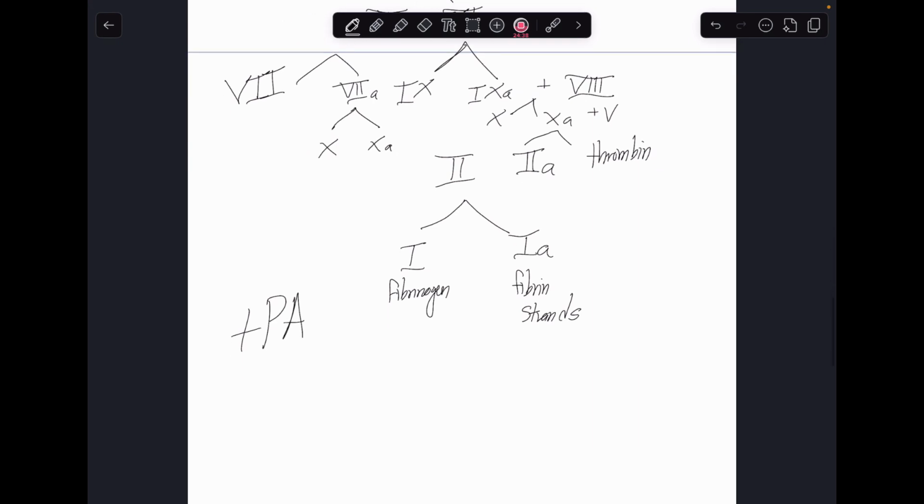It'll convert our plasminogen into plasmin. And plasmin is a protease that's able to break down fibrin into fibrin degradation products, dissolving the clot. In this case, our fibrin strands. So our TPA is able to break it down into what we need.